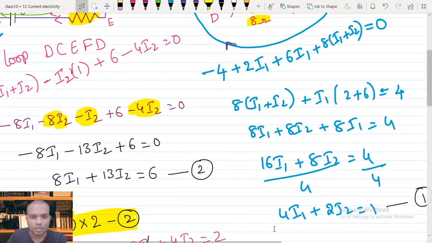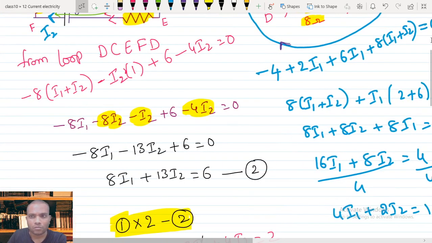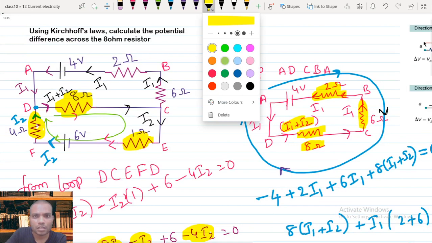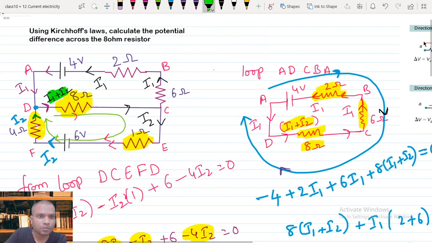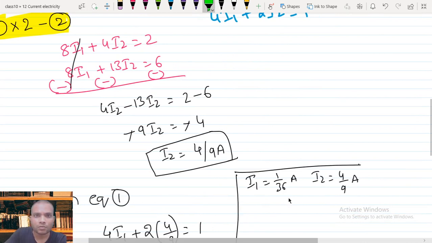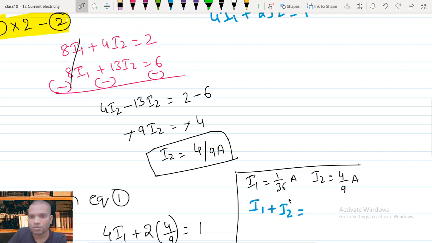If you look at the circuit, through the 8 ohm resistance the total current passing is the sum of I1 plus I2. So I1 plus I2 is the amount of current passing through the 8 ohm resistance. So add those two currents: I1 plus I2 equals 1 upon 36 plus 4 upon 9.